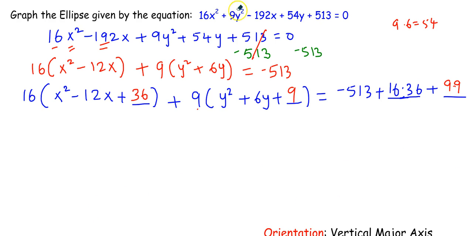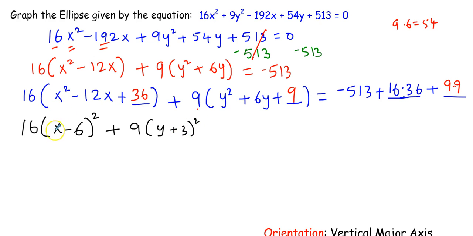We have, like I said, this becomes 16 times x minus 6 whole square plus 9 times y plus 3 whole square.